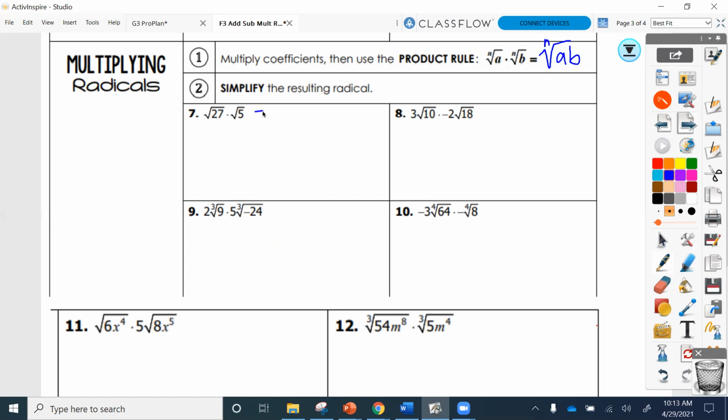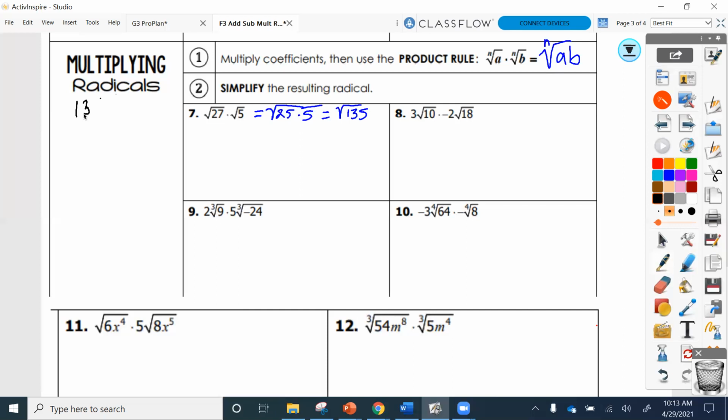So if we take the square root of 27 and multiply it by the square root of 5, you're just multiplying those two numbers. So you get 27 times 5, which equals the square root of 135. So you could use the factor tree method, right?